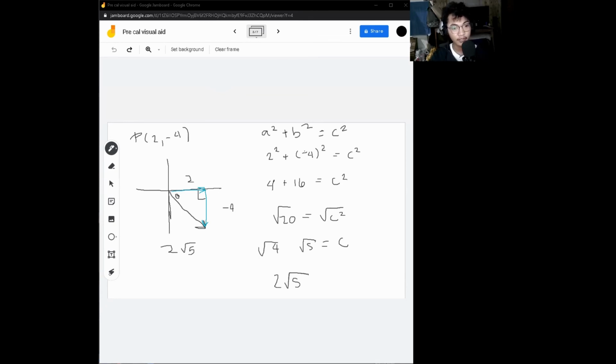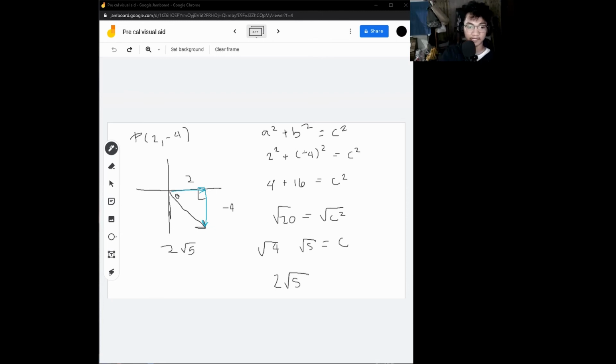So 2 squared is 4, negative 4 squared is positive 16, and 4 plus 16 is 20. So we've got to take the square root of both sides. The square root of 20 we can write as the square root of 4 times 5, and the square root of 4 is 2. So the hypotenuse is 2 square root of 5.